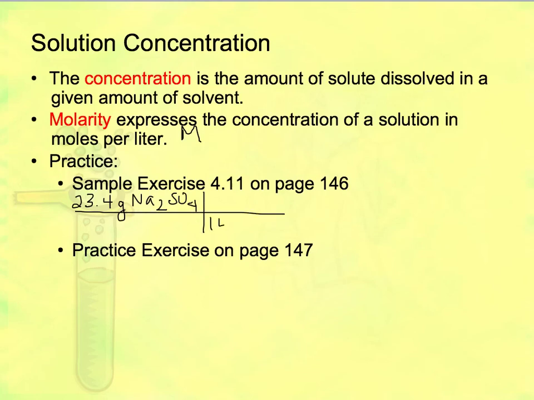So the molar mass of this is 142 grams in 1 mole. And now, if I'm going to get molarity, I need to divide by the volume expressed in liters, so that would be 0.125 liters. And if I multiply and divide, I should get 1.32 molar. Very good. Now try the next one and come back.